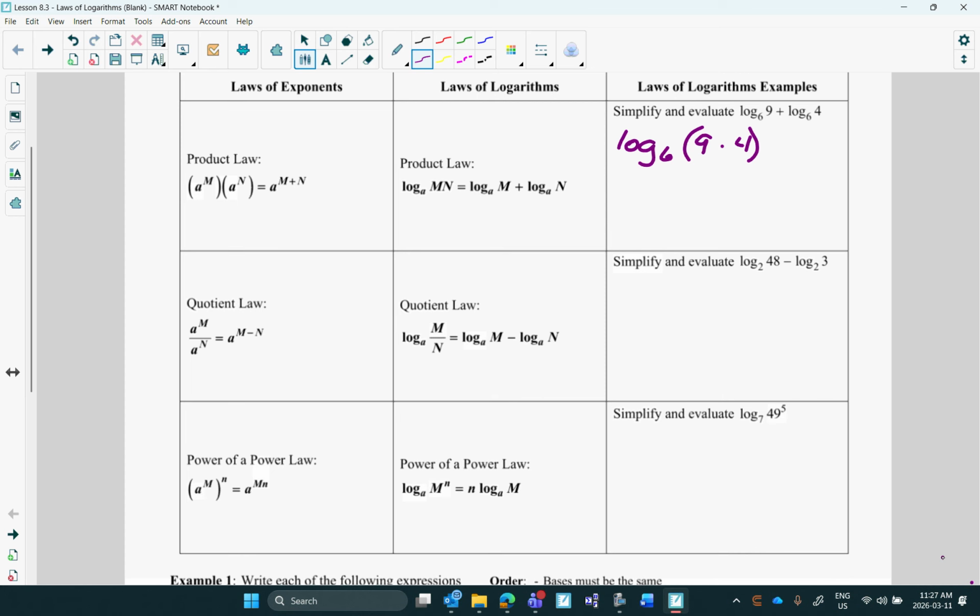Because if I'm adding 2 logs with the same base, I can write it as a single log by multiplying the 9 and 4. Okay? Well, what is 9 times 4? And what is log base 6 of 36? 2, right? Because remember, we're asking ourselves 6 to the what is 36. So it equals 2.